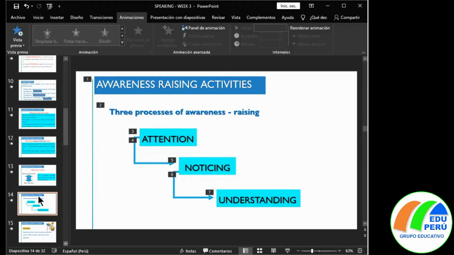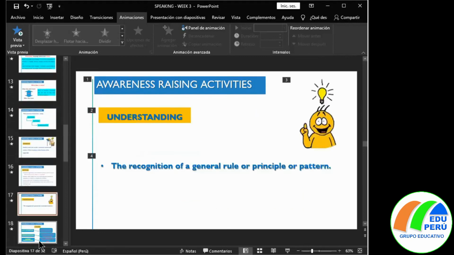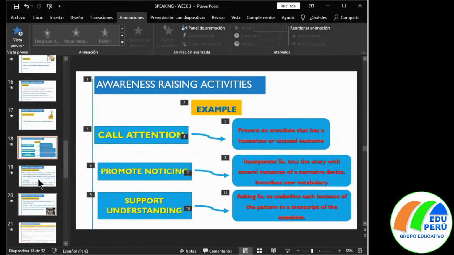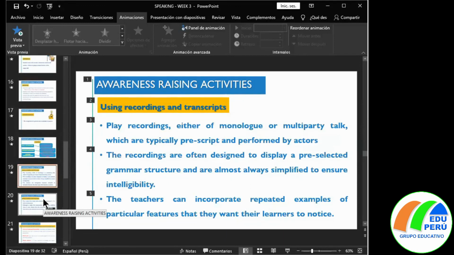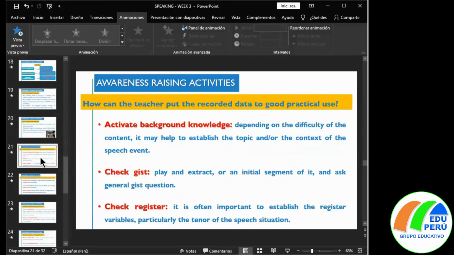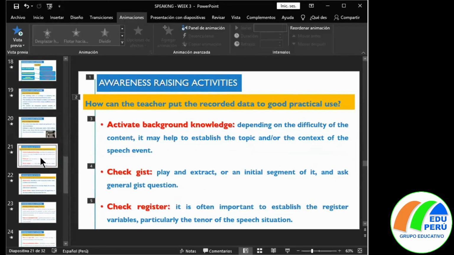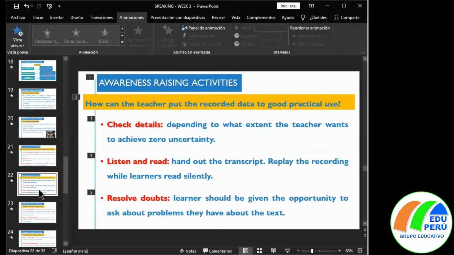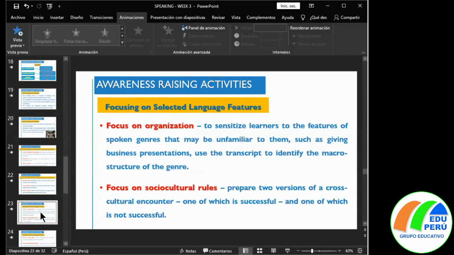So we have this. And we revised and checked some activities that we could do. One of them is using recordings and transcripts. And this recording and transcript, we could use it in different ways: to activate the background knowledge, to check gist, to check register, to check details, listen and read, resolve doubts.